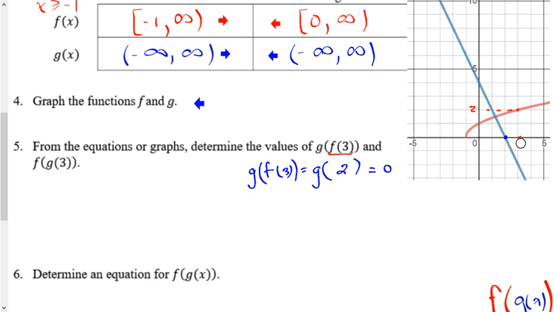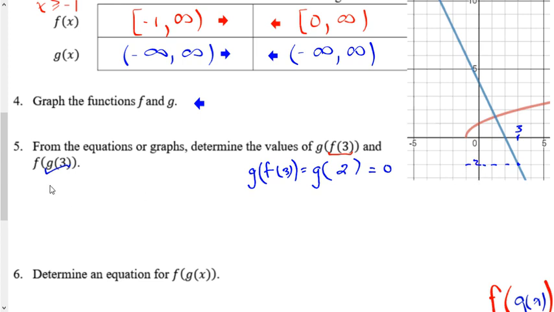Let's just clean this up and do the next one, where this time we're going to start with the inside function being our g of x function. So g of 3. So I'll look over here and I'll put in 3. When I plug in 3 into my blue function, I get this as my output, which is negative 2.